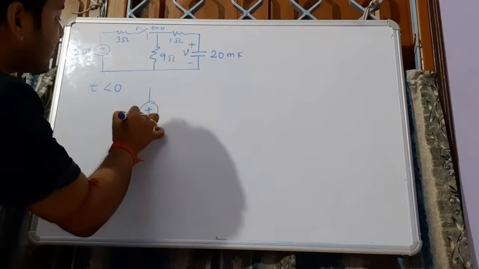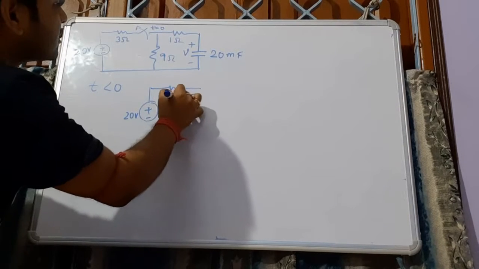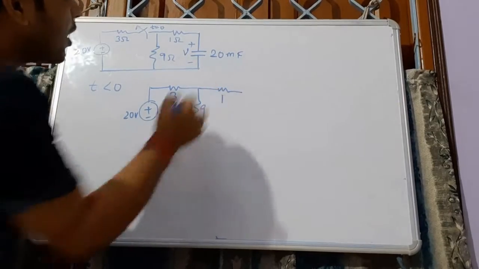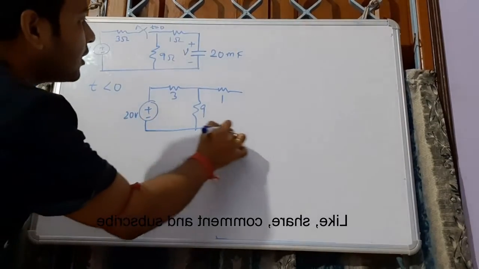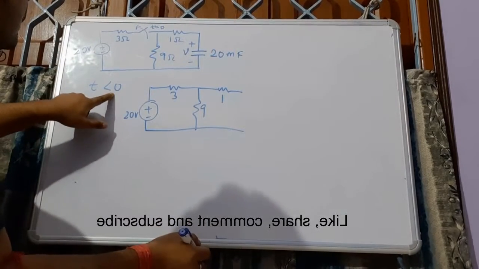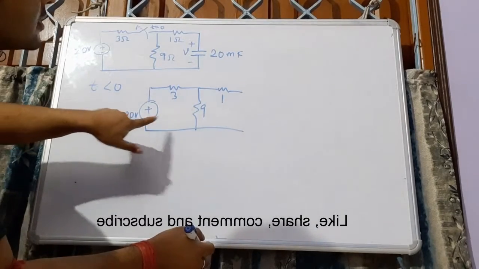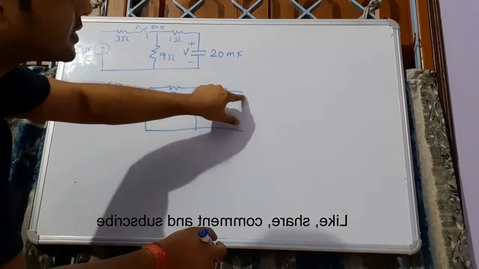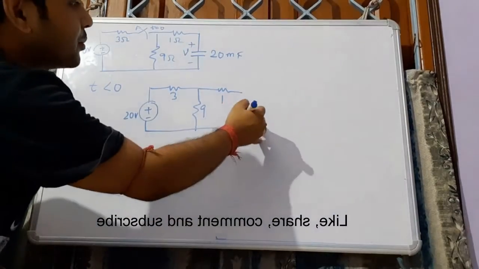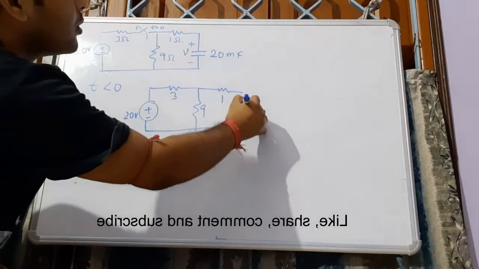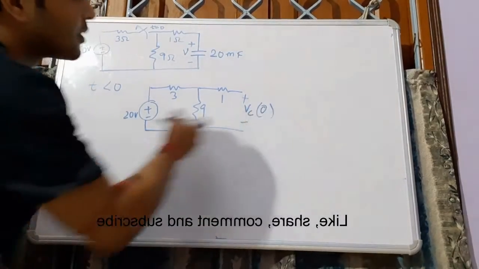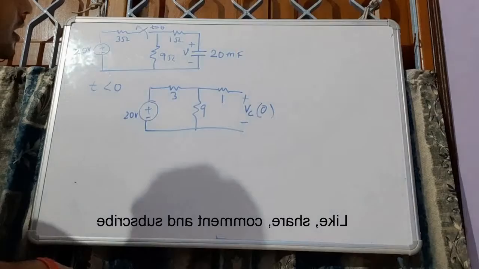So this is 20 volt, this is 3, this is 9, this is 1, and what will be the value of the capacitor? When a DC source is connected, the capacitor is considered an open circuit, right? So this is open circuited, and this open circuit voltage is taken as VC0.